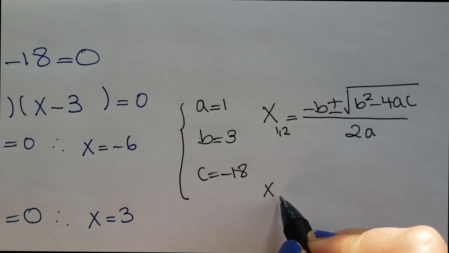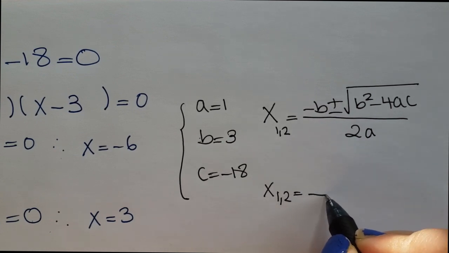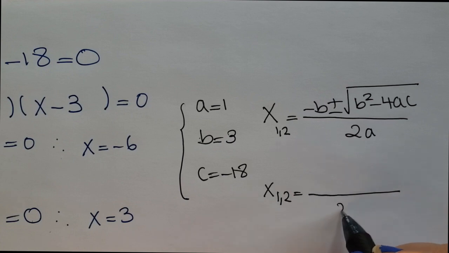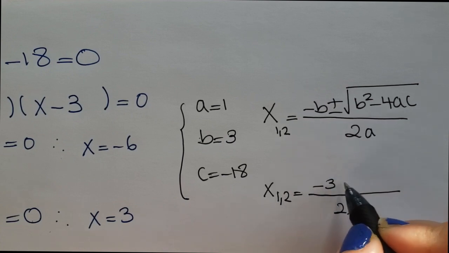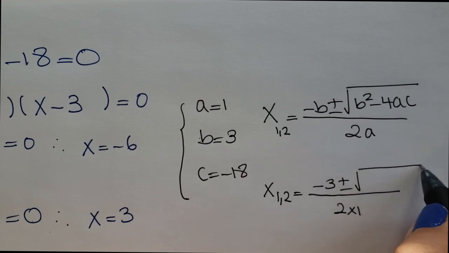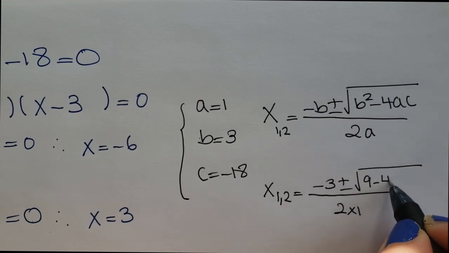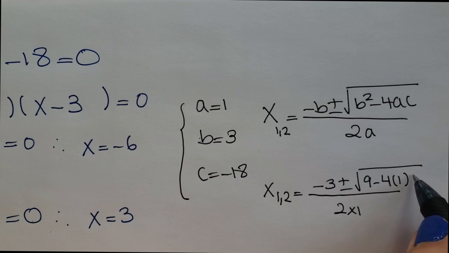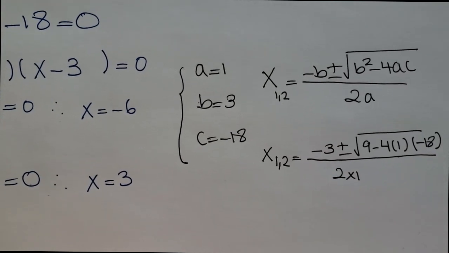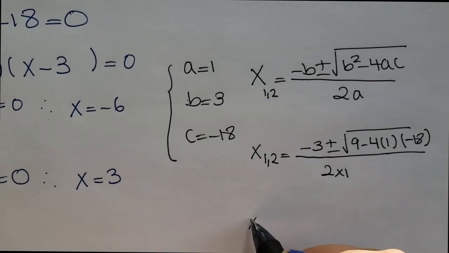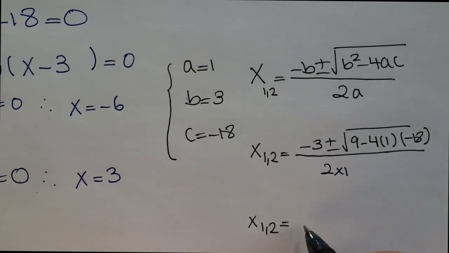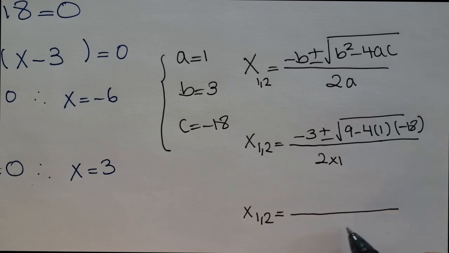So x1 and 2, that means we are expecting two roots, over 2 times A, and then here negative B plus and minus the square root of b squared, which is 9, minus 4 times A and C, which is negative 18. So let's simplify it further. x1 and 2 equals, the denominator would be 2. That would be negative 3.